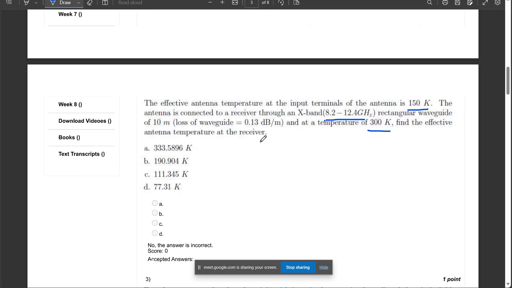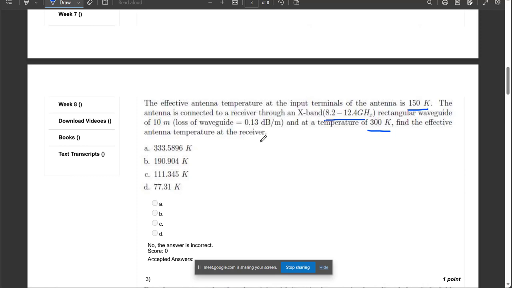Okay. So here, one antenna is given to you.